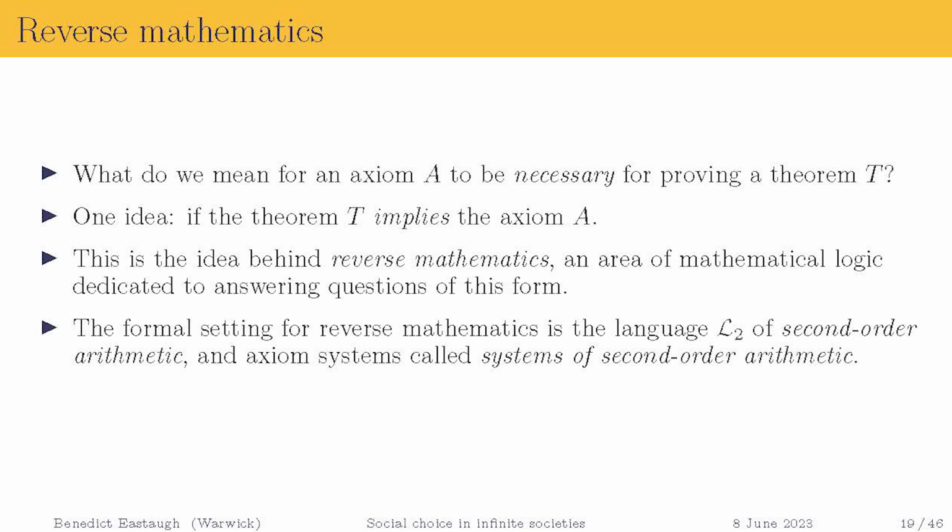So second-order arithmetic is a language in which we can talk about natural numbers, 0, 1, 2, 3, etc., and addition, multiplication, less than, but also about sets of natural numbers. So the set of primes, or the set of odd numbers, set of even numbers, the set of numbers which are the indexes of Turing machines that halt when given their own code as an input, this kind of thing. Okay, so it's a quite expressive language.